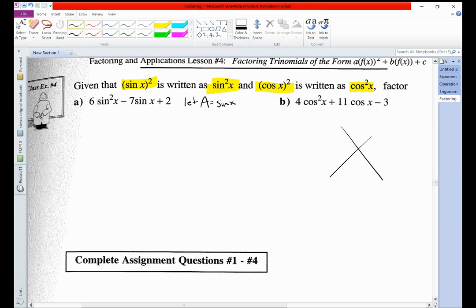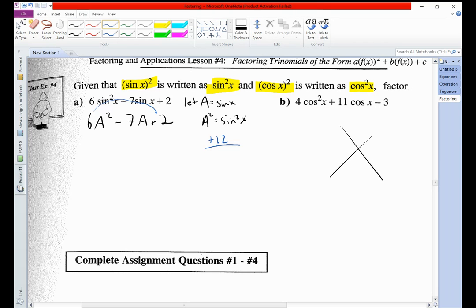So that means a squared is going to equal sine squared of x. So now we can rewrite this as 6a squared minus 7a plus 2. And we can do decomp on this. 6 times 2 gives me positive 12.